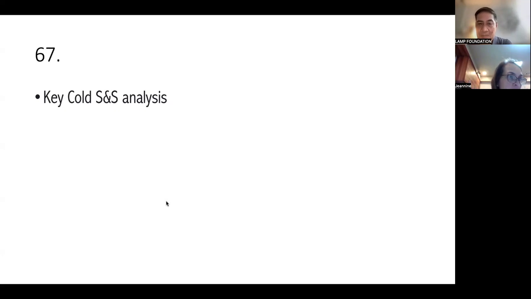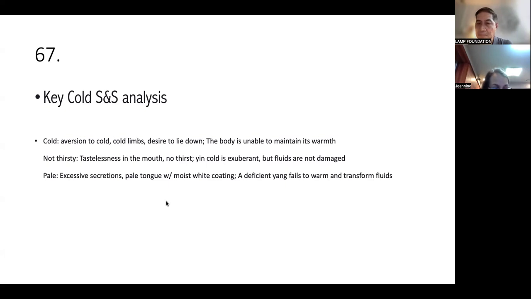What are the key cold signs and symptoms? Analysis. The cold, not thirsty, and pale. Aversion to cold limbs, desire to lie down: the body is unable to maintain its warmth. Yung not thirsty, how can you account for that?